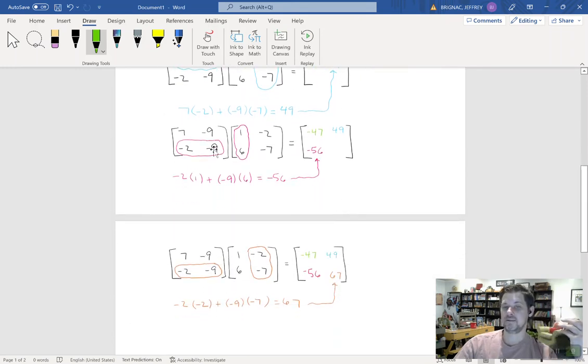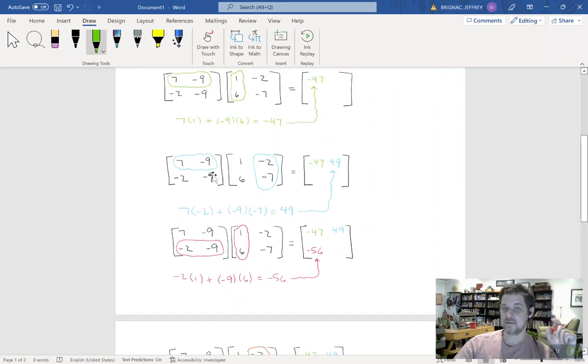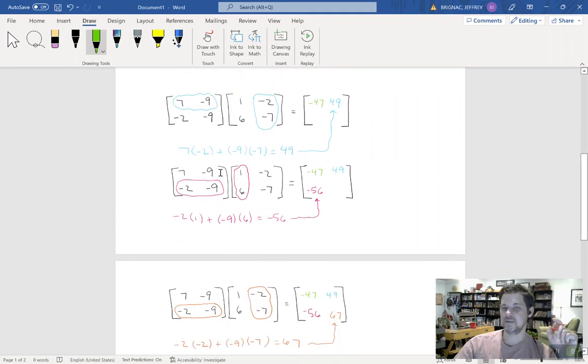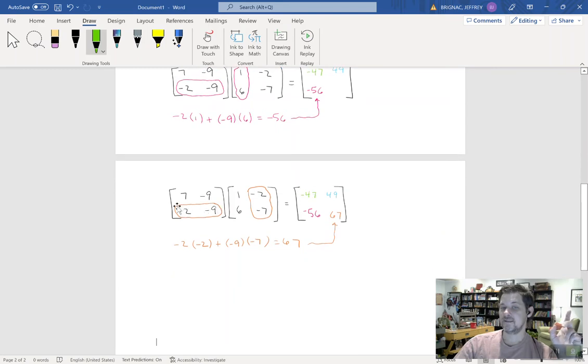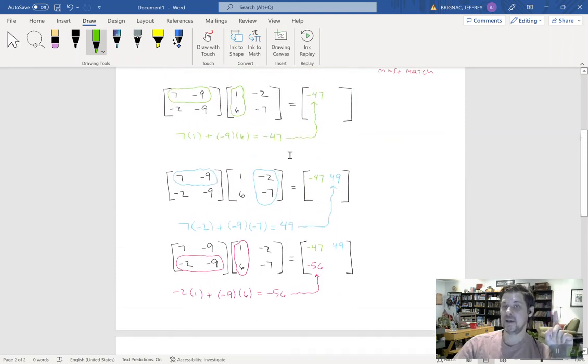Now time for that one, which I have here in pink, and I take these times these, combine in the same way as here and here. So I'll do -2 times 1, -9 times 6, add together, -56, that's this one. And then last I take this times this, circled in orange, combined in the same way as all of these.